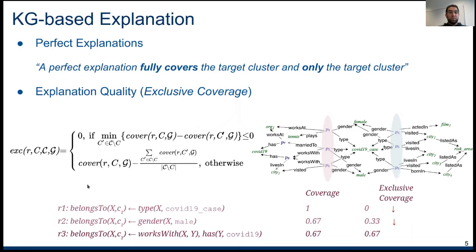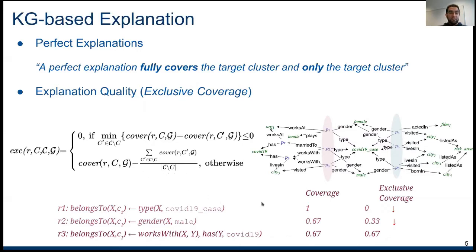Therefore, we introduce the measure of exclusive coverage, which in simple words, rewards covering the target cluster and punishes covering other clusters. We do that by computing the coverage of the explanation to the target cluster, which is the ratio of the entities following the explanation to all entities inside the cluster, and subtracting the average coverage for other clusters.